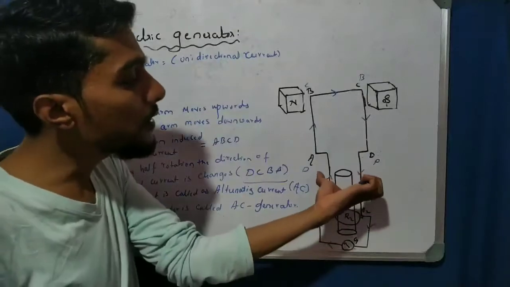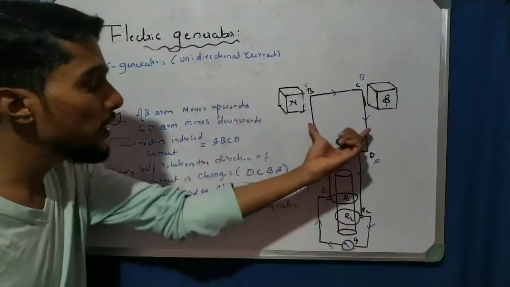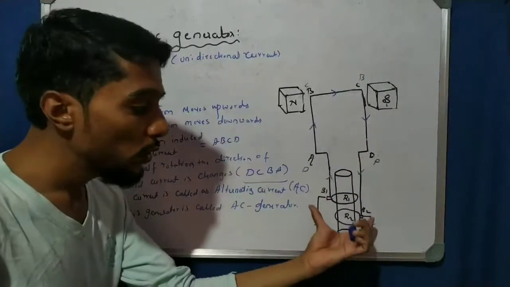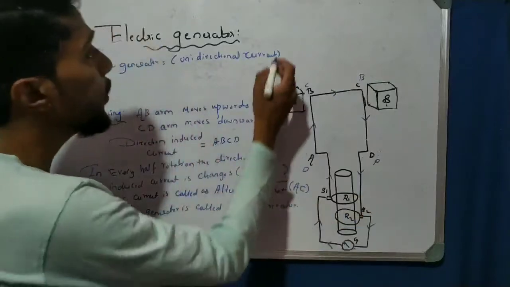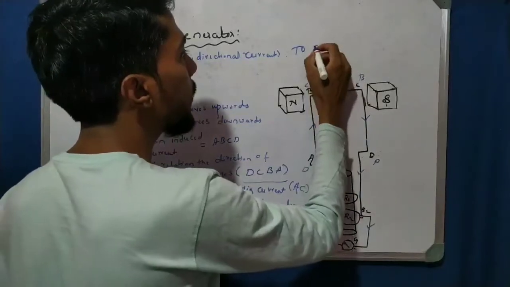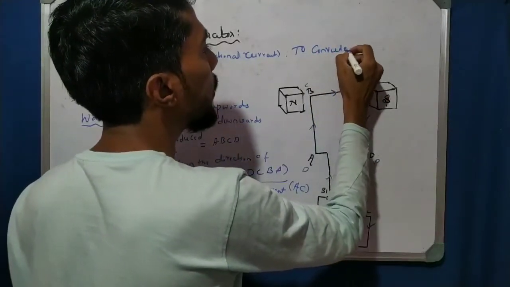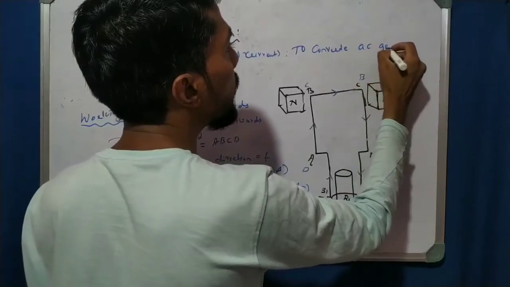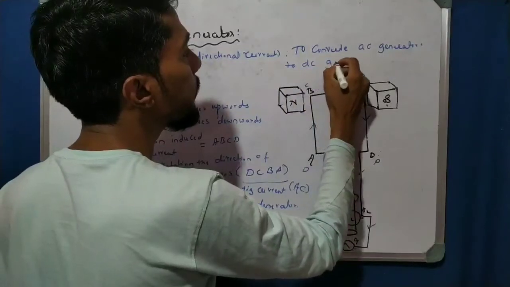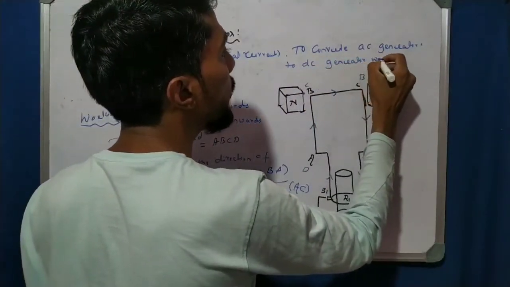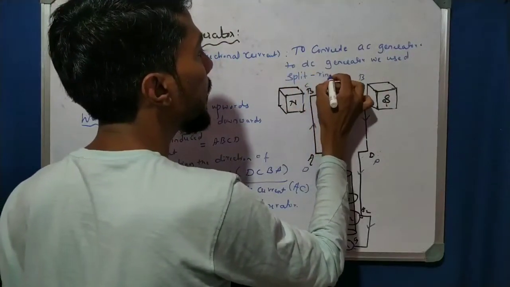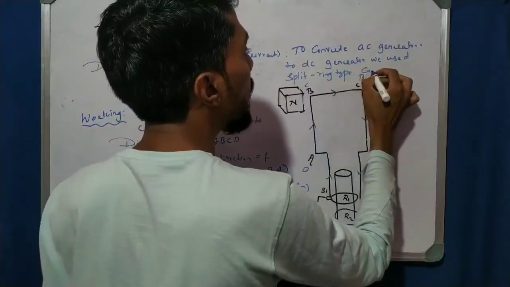This device is now in AC state because it is changing the direction. If you want to make it DC, to convert an AC generator to a DC generator, we use a split ring type commutator.